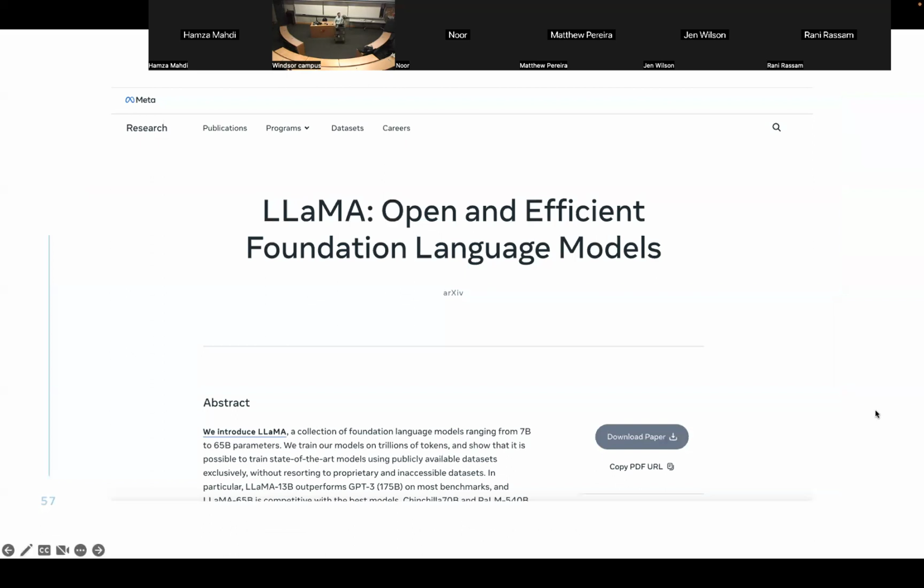Facebook also published Llama, and they've been coming out with different versions. There are three now, Llama 3. So it's essentially a ChatGPT competitor that's open source, and you can literally download it and use it on your laptop if you have a good enough laptop. And what's great about this is, let's say you have concerns about medical privacy.